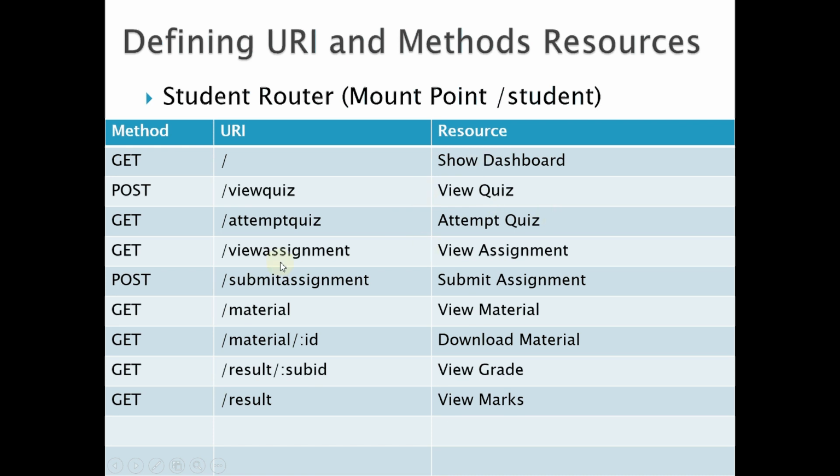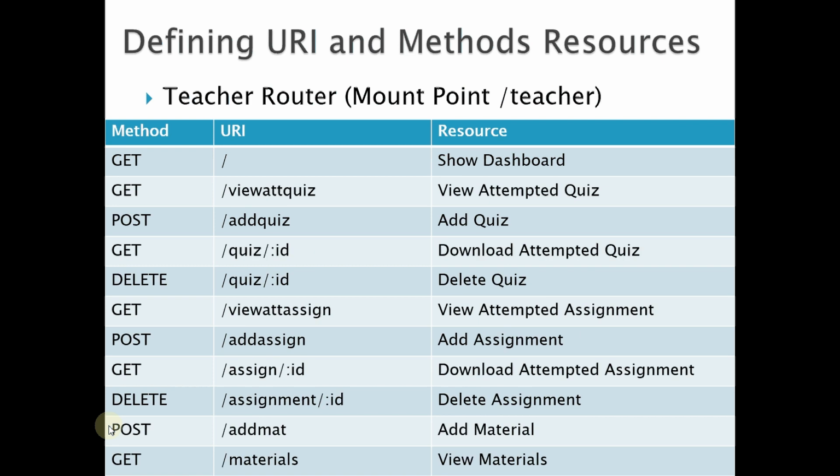Then against view assignment, he can view assignment, he can post assignment, he can view material, he can download specific material, he can view the mark grades according to his subject id, and he can see the marks completely. So these are basically all the URIs and the methods required to implement those URIs.